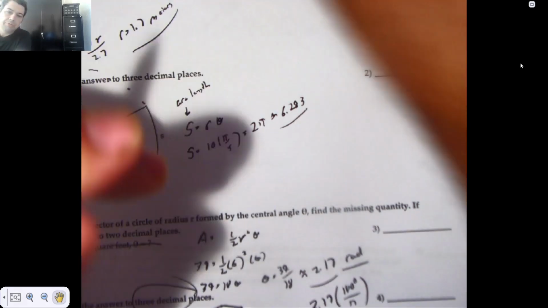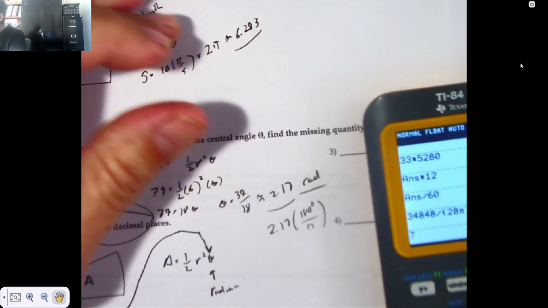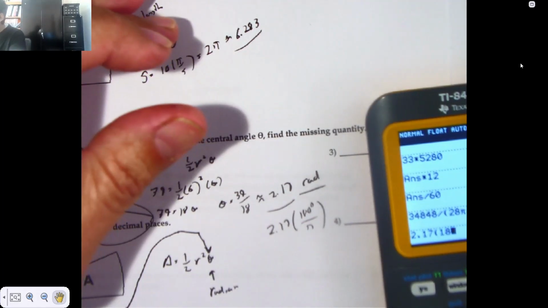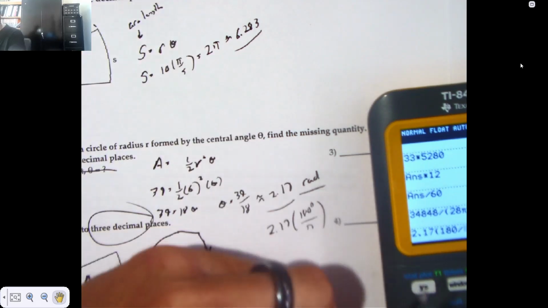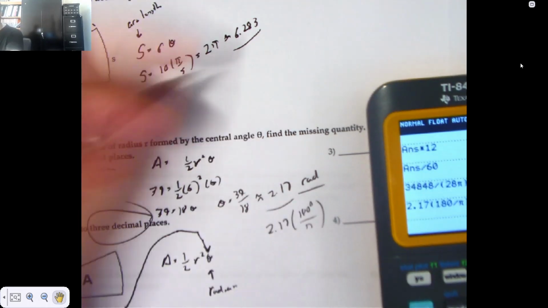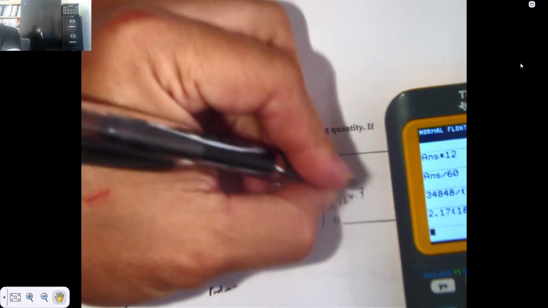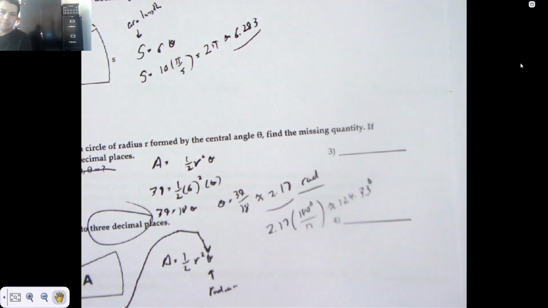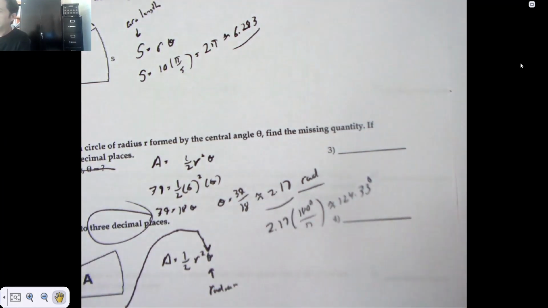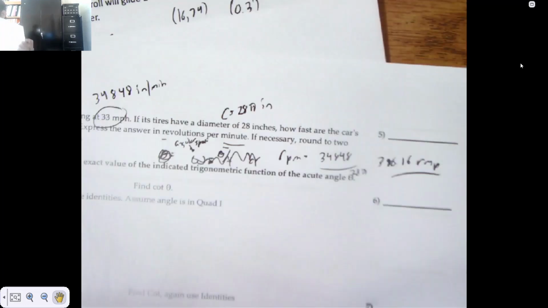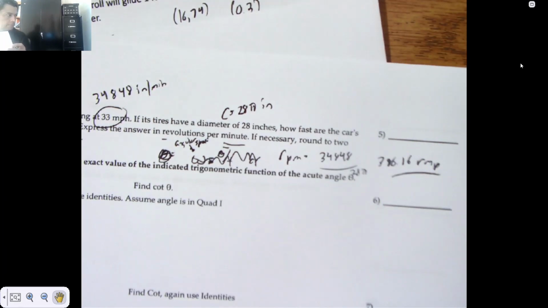So 2.17 times 180 degrees over pi will give me my actual measurement in degrees. About 124.33 degrees. And I probably rounded here, so that's going to be a little bit off. All right, back to this.